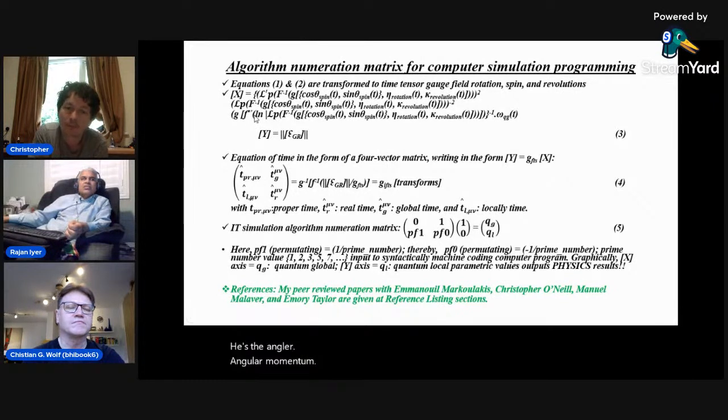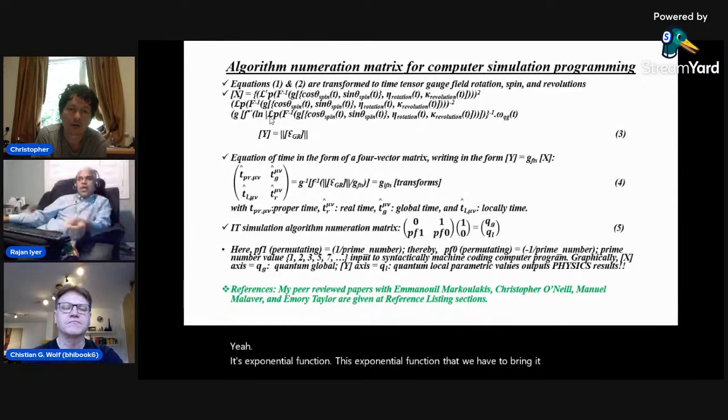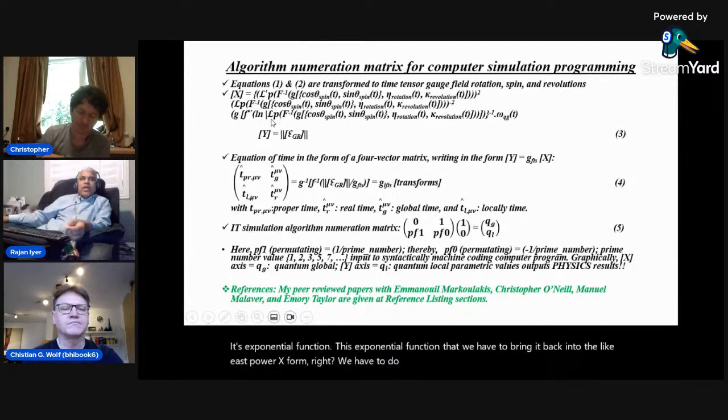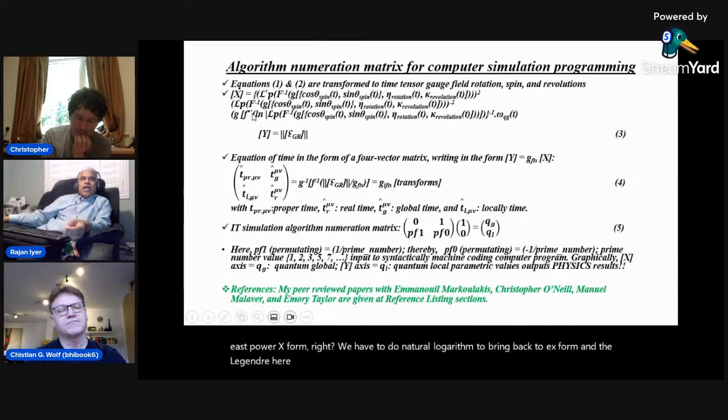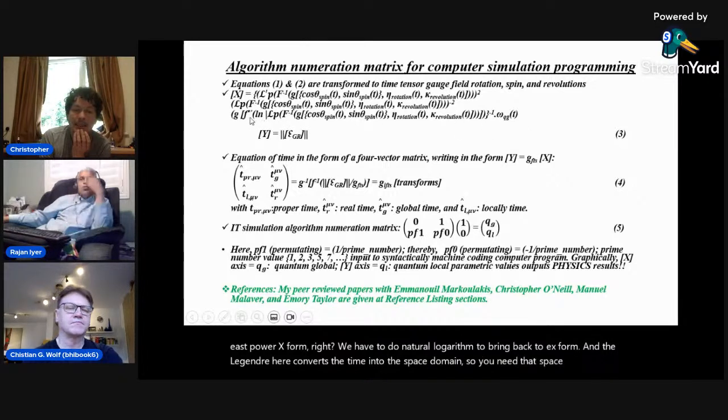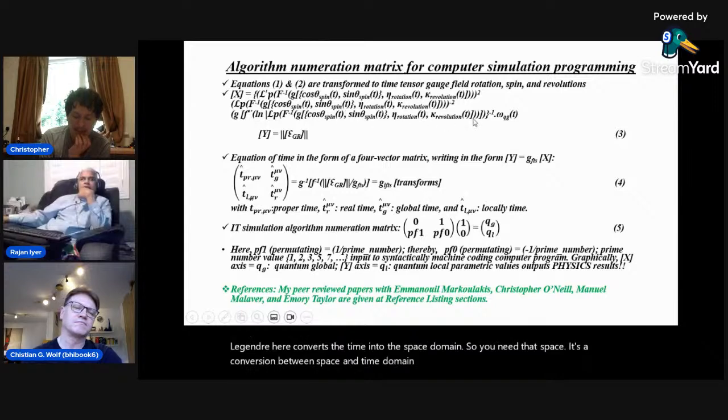It's an exponential function, and we have to bring it back into the e power x form, so we do a natural logarithm. And the Legendre transform converts the time into the space domain. It's a conversion between the space and time domain, and then you get the speed.